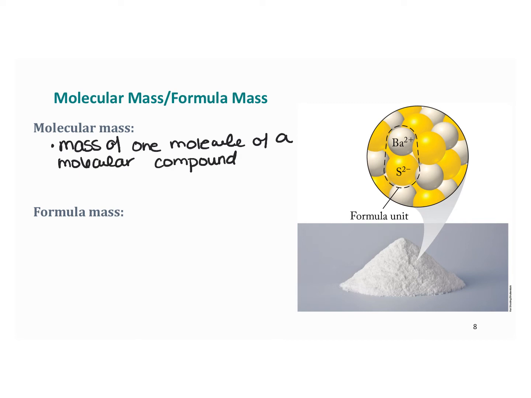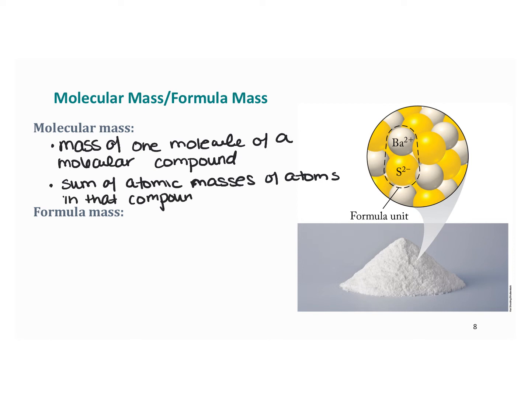The sum of the atomic masses of the atoms that are in that compound is how you get the molecular mass. So if you add up all the atomic masses, you will get the molecular mass.